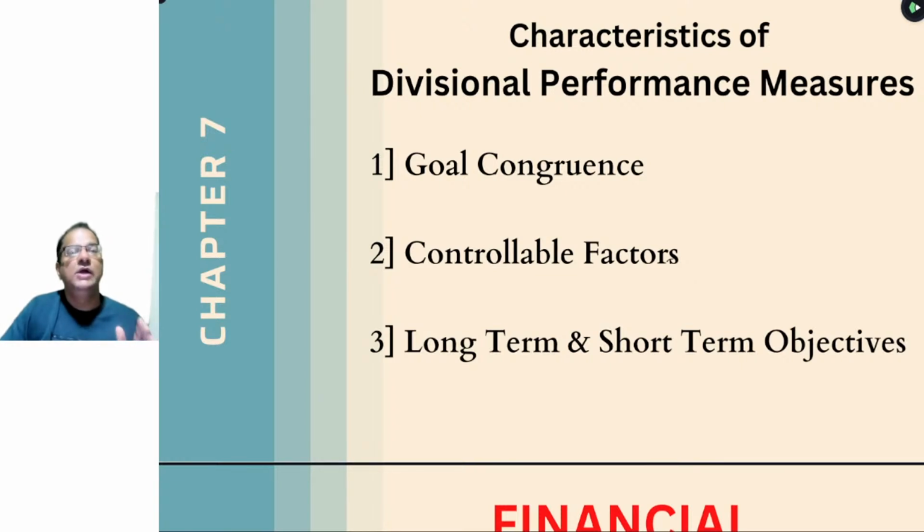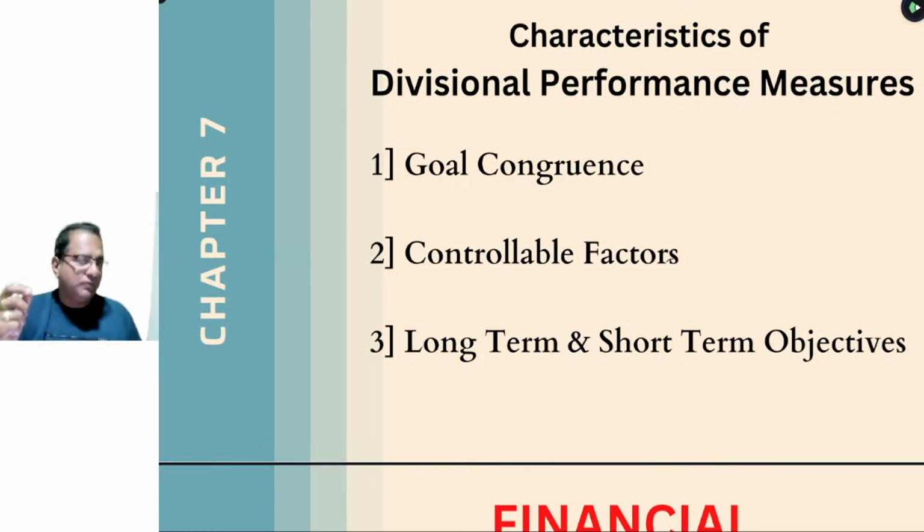What are the characteristics of a good divisional performance measurement? The first characteristic is that the performance model should encourage my departmental manager to take decisions in the best interest of the organization.